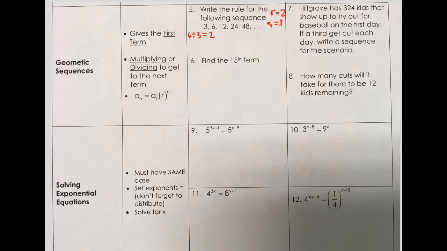So we have a sub n is equal to our first term, which is 3, our common ratio, which is 2, and then again, n minus 1 up in the exponent. And that's that, guys. If you don't get it, you already know what I'm going to say. Watch it back.